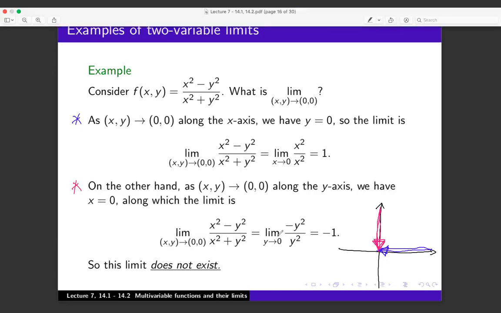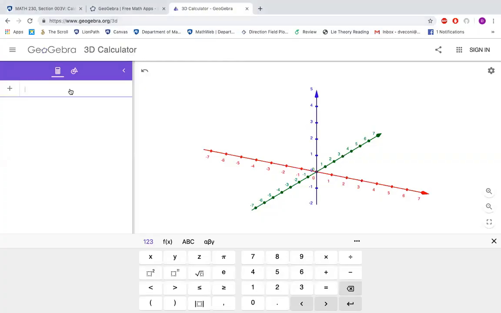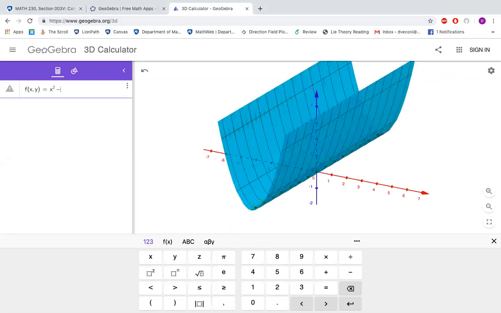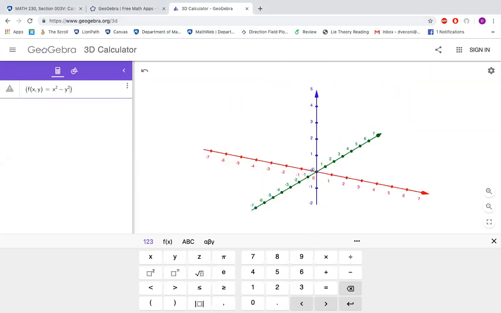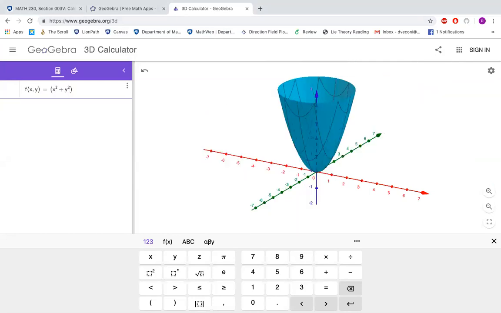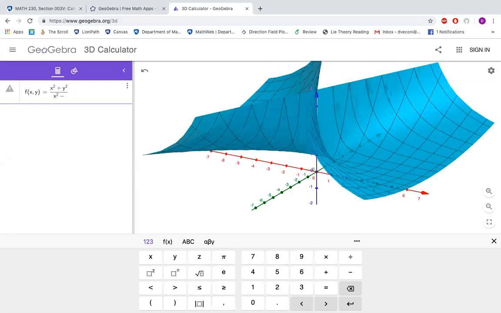Something on GeoGebra that I should have done before, so please bear with me. Now, if we actually look at this function in GeoGebra, what was that function? It was f(x, y) equals x squared minus y squared over, oh, no, sorry. No, that's not what I wanted to do either. Let me try that again. f(x, y) equals x squared plus y squared over x squared minus y squared.